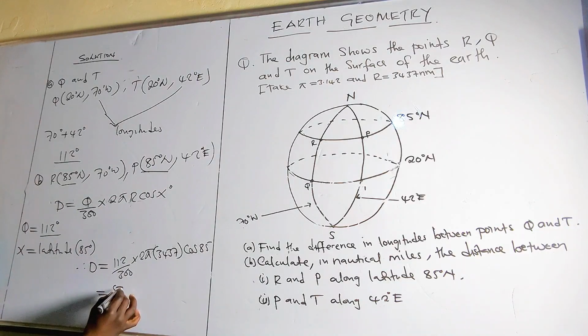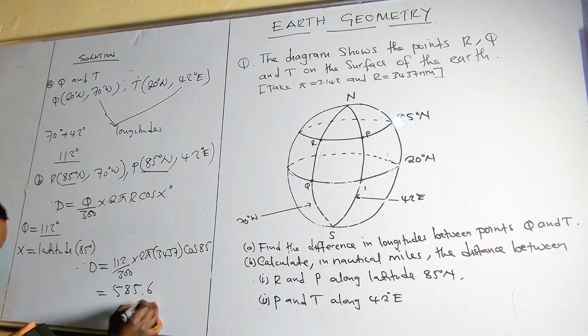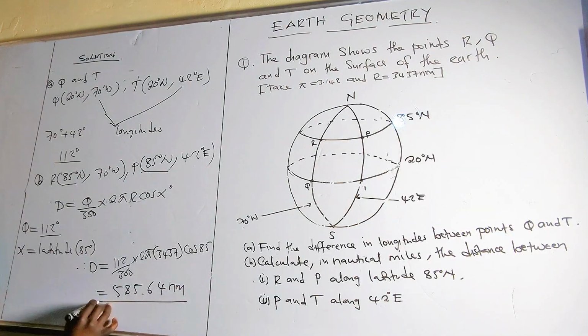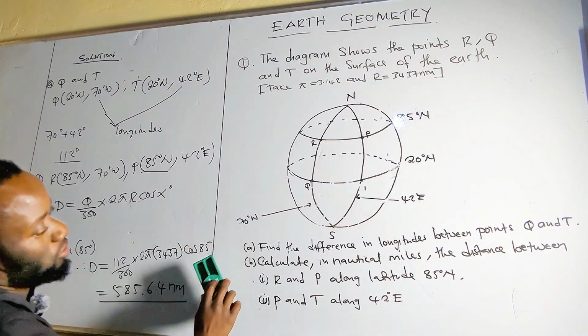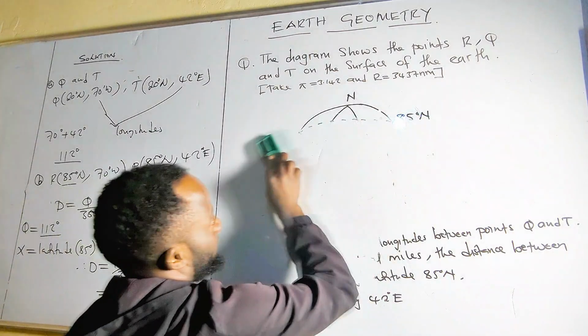So this is 585.64 nautical miles. So this is how you calculate the distance in here. Okay. So the next item is saying calculate the distance P and T along the longitude.